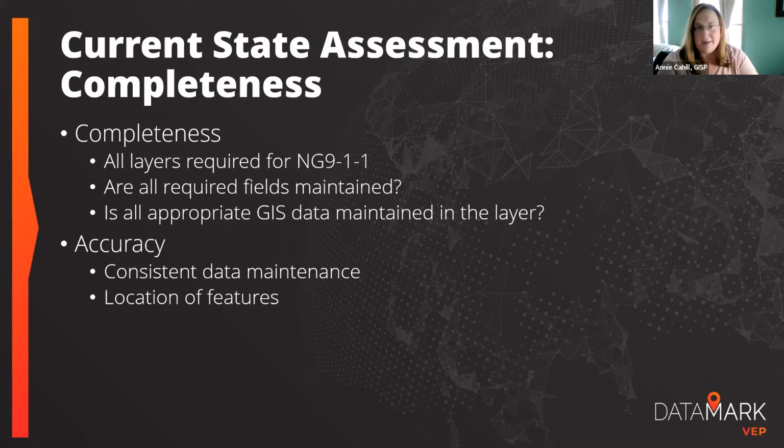Some things are obvious to see, but some things are not. In terms of accuracy, we're talking about how we're maintaining the data and the quality of that data, and then also the location of the features. How are we maintaining our address points? How are we maintaining our road center lines? And how are those being digitized and represented in our GIS?